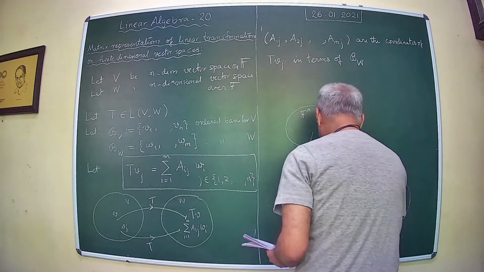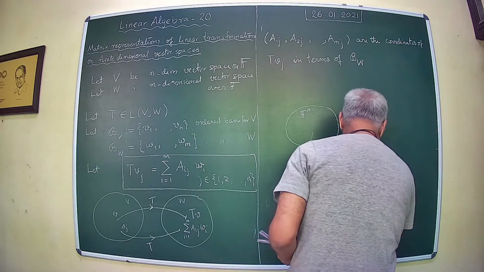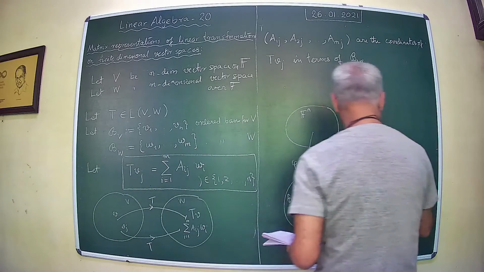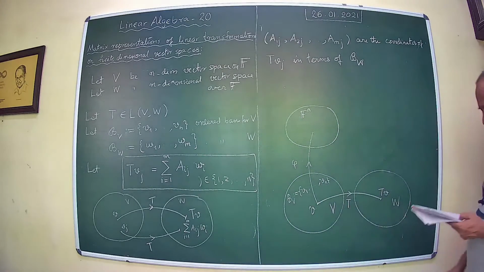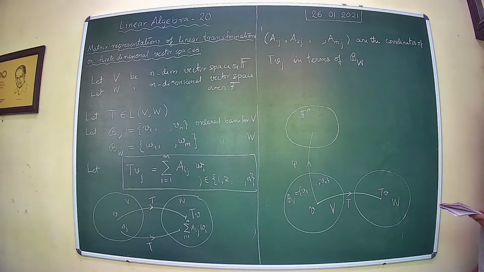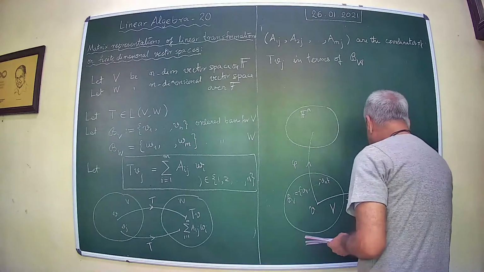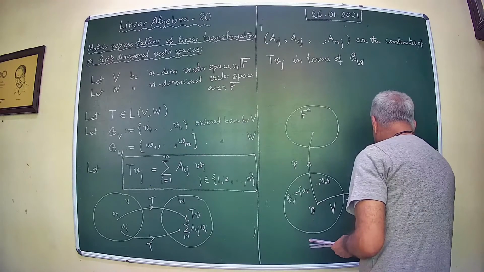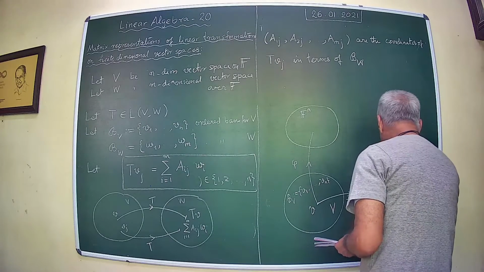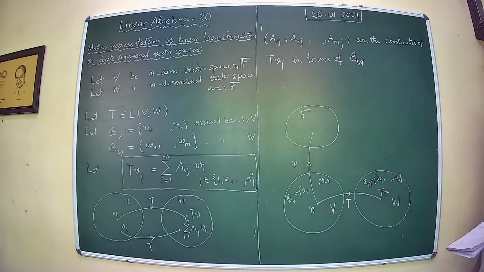Now what you have is V is mapped by T to W. Now what do you have? You have an ordered basis BW here, w1 etc., which we have already chosen.